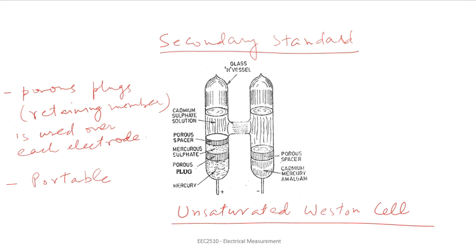Okay, so generally the unsaturated Weston cell has a shorter life than a saturated type, and the life of a cell also depends on the kind of treatment the cell has received.